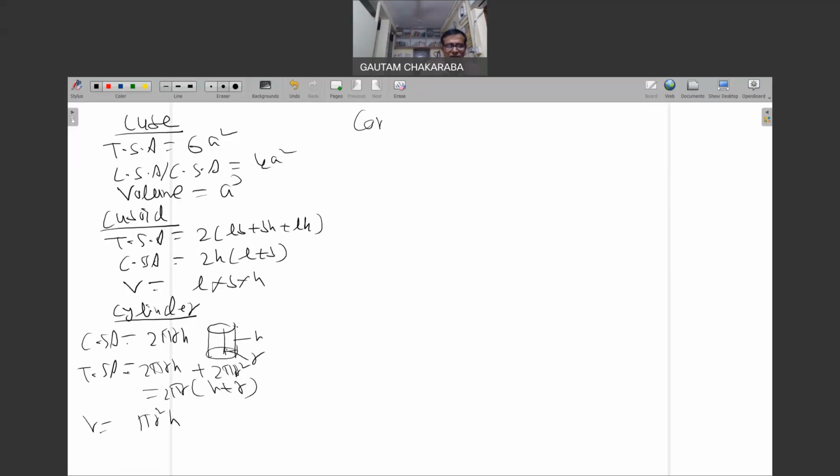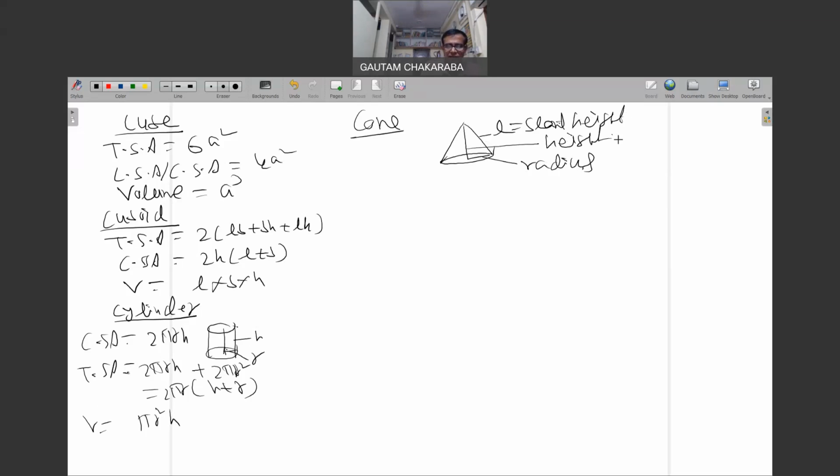Now cone. This is the cone. And this is the lateral edge, the slant height. And this is the height. And this is the radius.